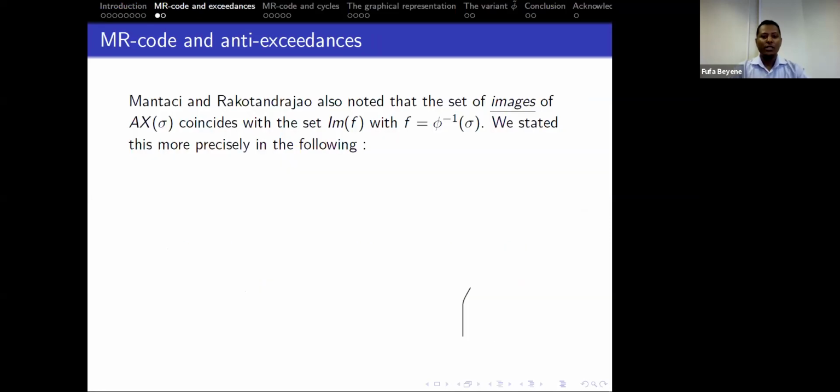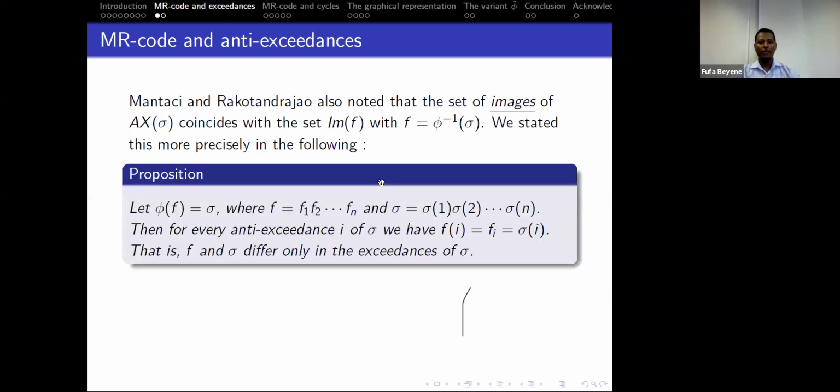Now we proceed to the results we have found in this work, and we have here the MR code and its relation with anti-exceedances. Mantaci and Rakotondrajao in their paper noted that the set of images of anti-exceedances coincides with the set of images of the corresponding subexcedant function f, where f is phi inverse of phi of sigma.